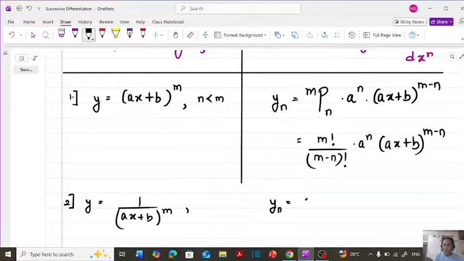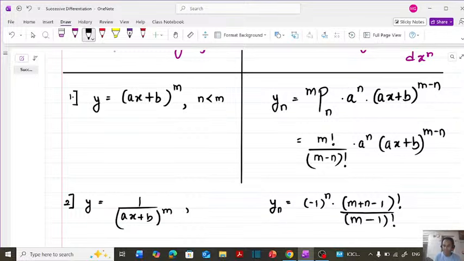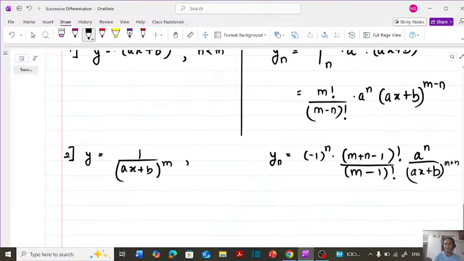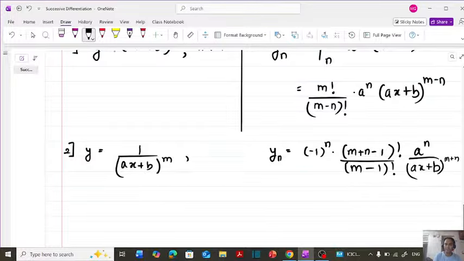It is minus 1 to the power n, into (m plus n minus 1) factorial divided by (m minus 1) factorial, and here it is a to the power n over (ax plus b) to the power (m plus n). This is what we have to remember here. So this is the second formula.